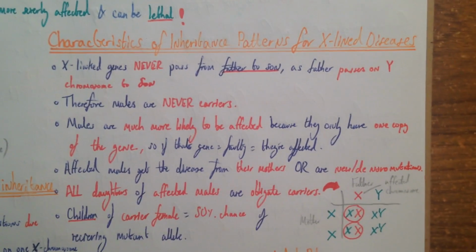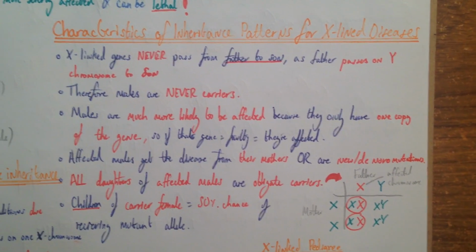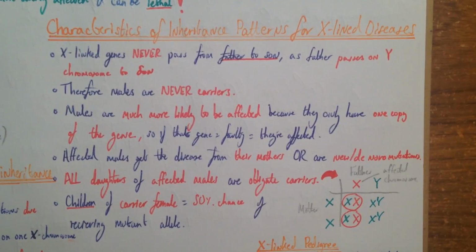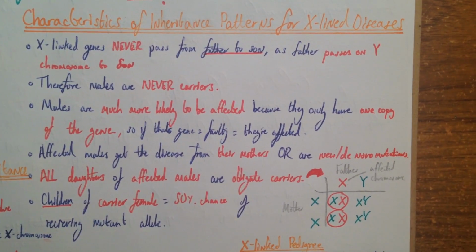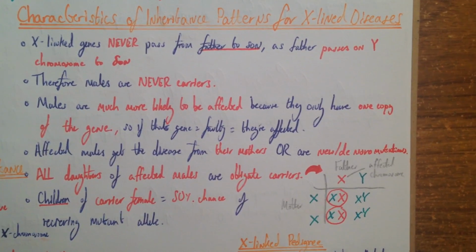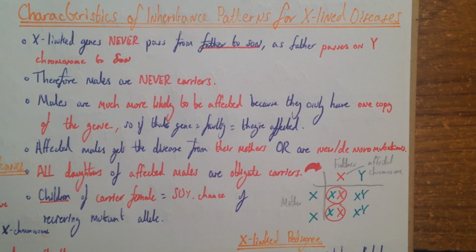Anyway, the characteristics of inheritance patterns for X-linked diseases. X-linked genes never pass from father to son, as the father passes on his Y chromosome to the son. Therefore, males are never carriers.